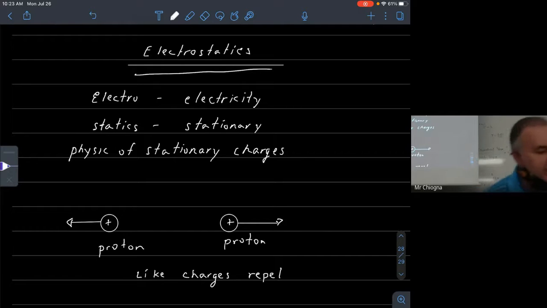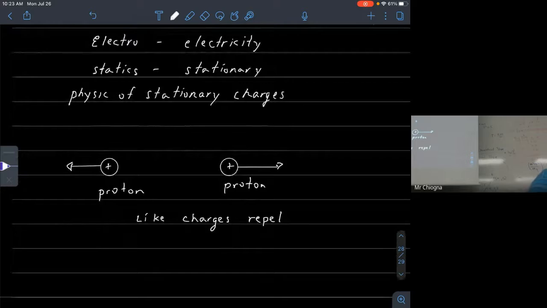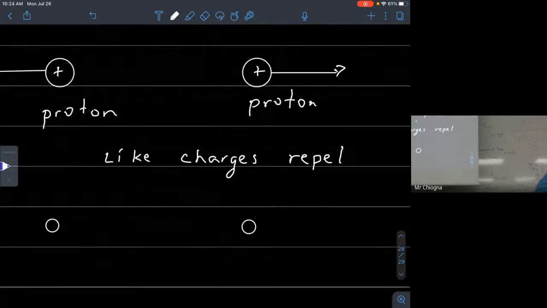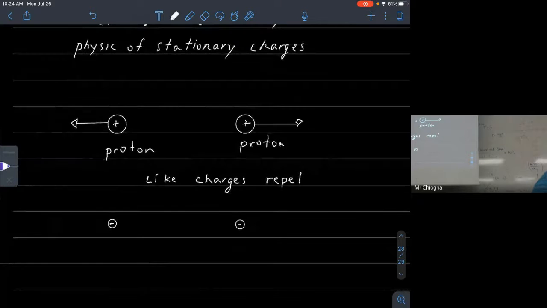So that could be two protons, it could be two electrons. That's your number one rule, right?